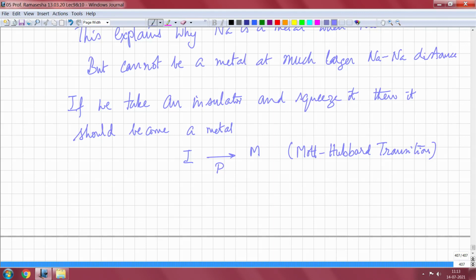Similarly, we also saw a metal insulator transition in disordered systems, where the filling of the band goes beyond the mobility edge, and towards the center of the band for intermediate strengths of disorder, then it can become a metal. But as you increase the strength of the disorder, all the states in the band get localized, and so a metal can become an insulator by creating a disorder.